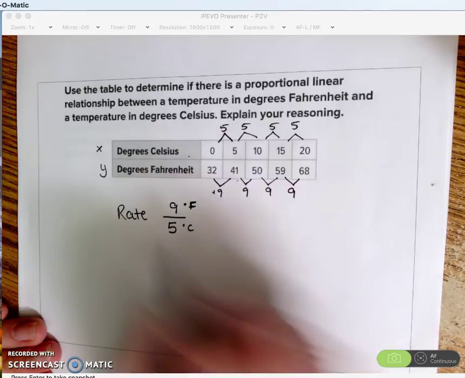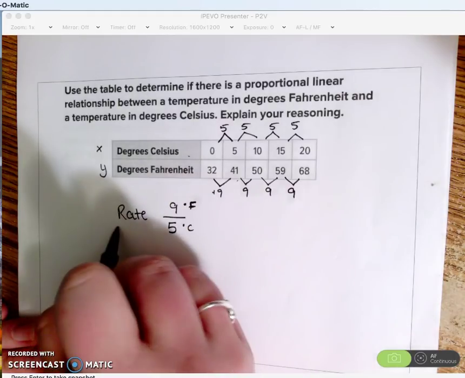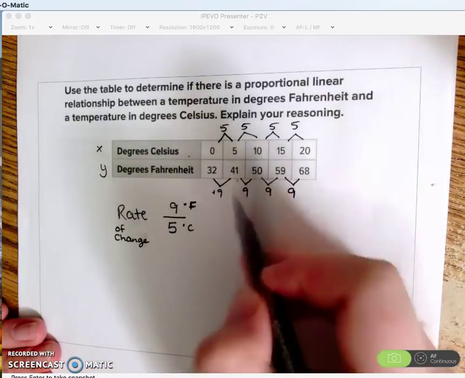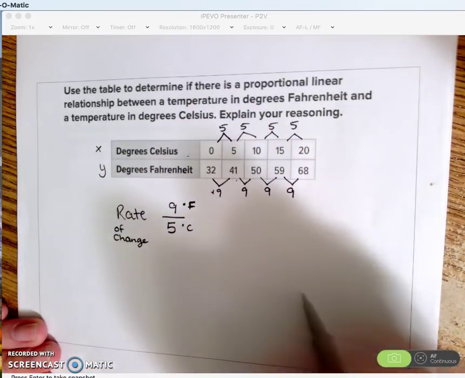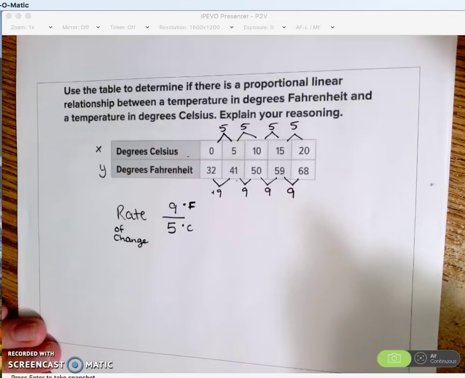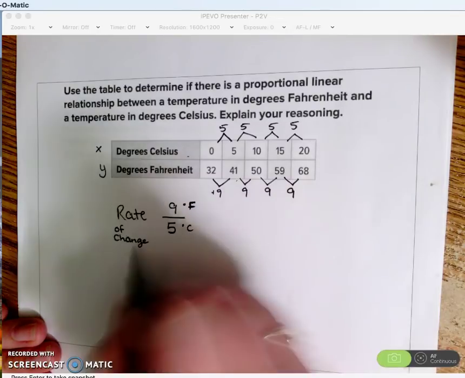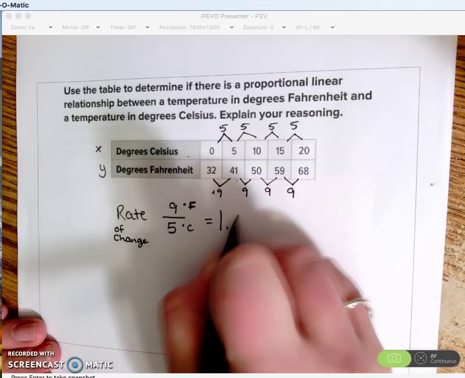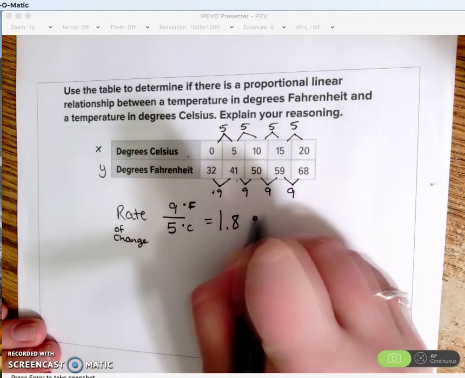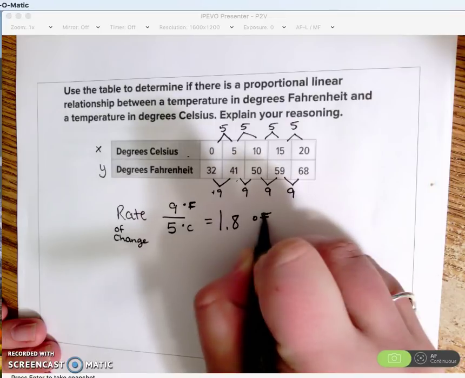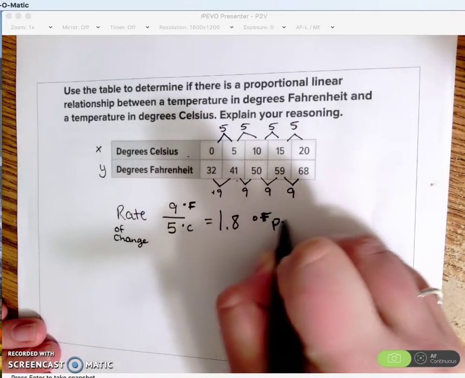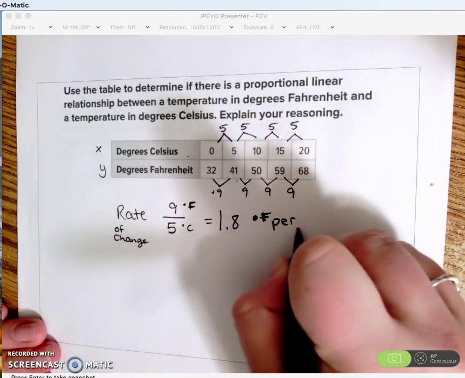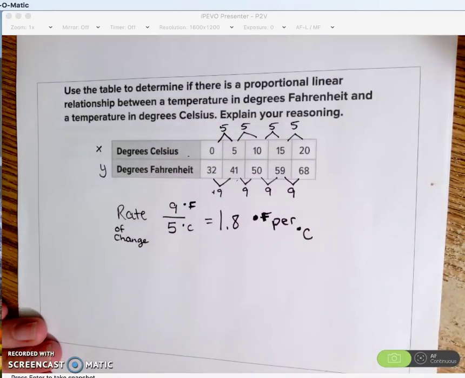So my rate of change is the same each time, and it's constant. So it's a constant rate of change. If I simplify this down, it would equal 1.8 degrees Fahrenheit per degrees Celsius. This is my degree sign, doesn't look like it.